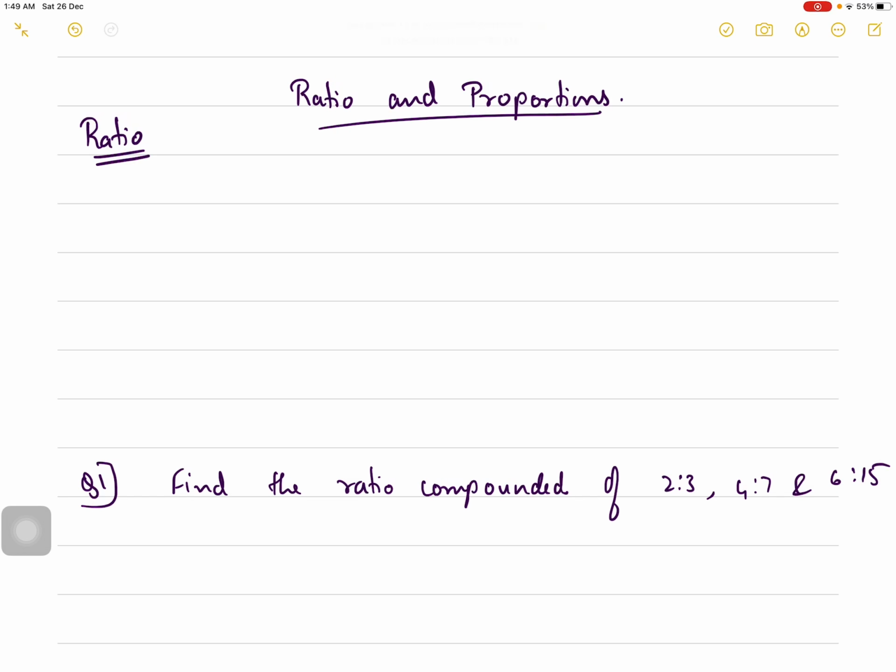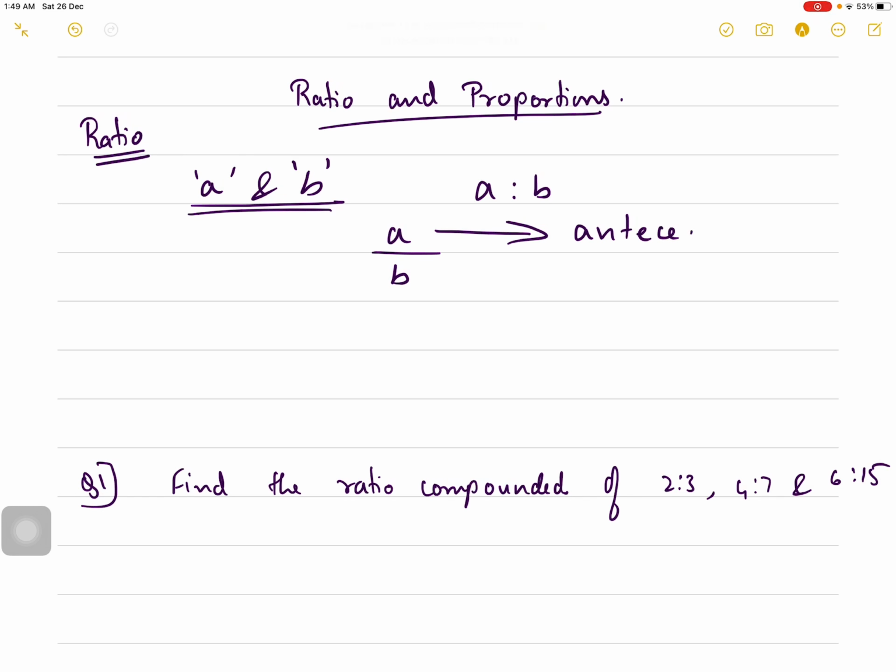The ratio of two quantities A and B may be denoted by A is to B. The ratio is also expressed as a fraction, A by B, where A, the numerator, is called the antecedent, and the denominator B is called the consequent.